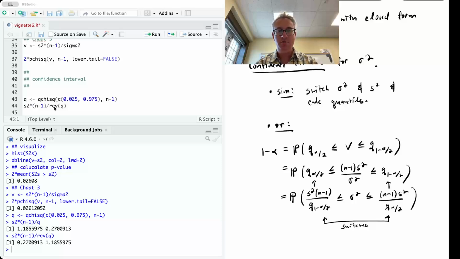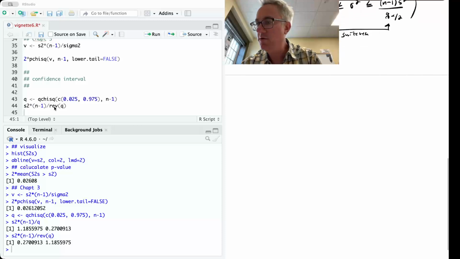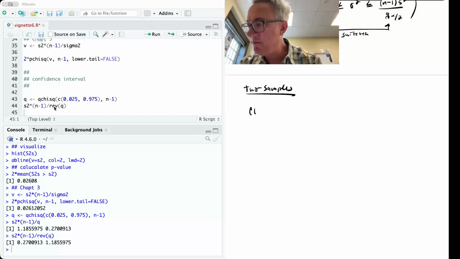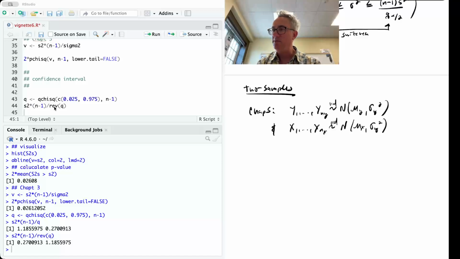Let's go over to 2 samples. So now we're going to do 2 samples. Okay, again, same setup as chapter 5, where we have a y sample with mu y and sigma y squared, and an x sample with similarly notated parameters.